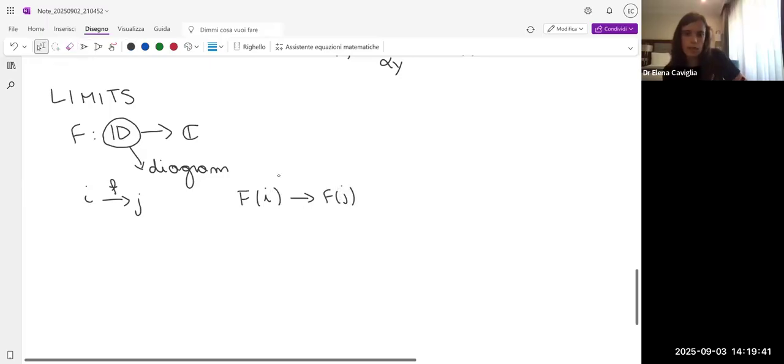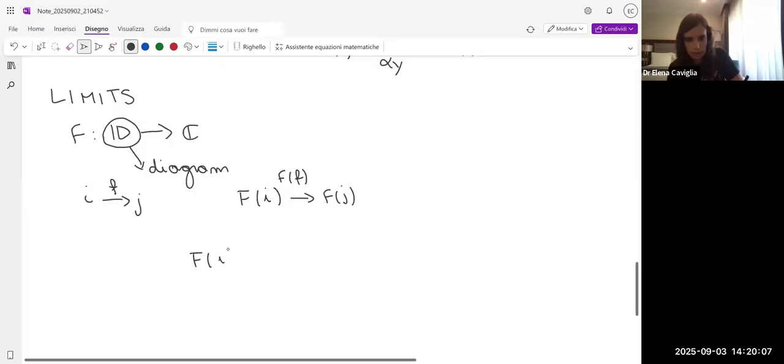And this is a morphism in C now, F of f. And we can have a bunch of these morphisms, of course. For every object in D, we get an object in C, and for every morphism in D, we get a morphism in C, right? So we have a lot of these morphisms.